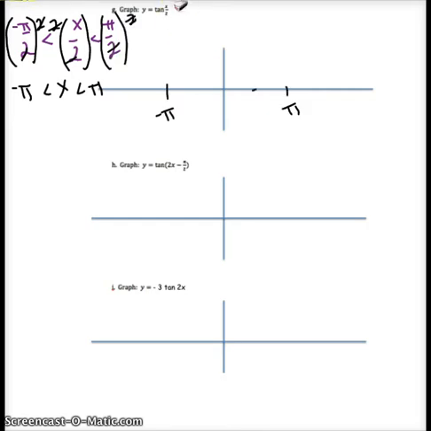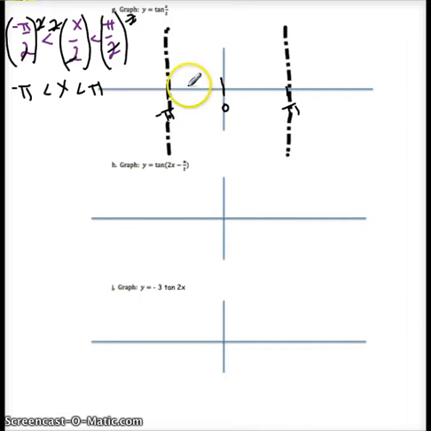Whoops, that was too big, wasn't it? Let's immediately go on and mark these as asymptotes. Okay, remember, let's divide the period up into 4 equal parts. Halfway between negative pi and pi is 0.